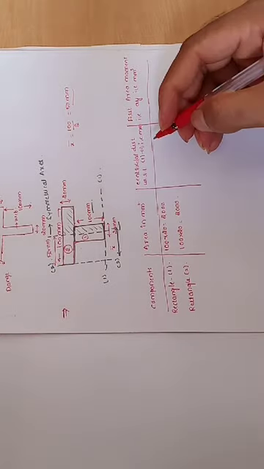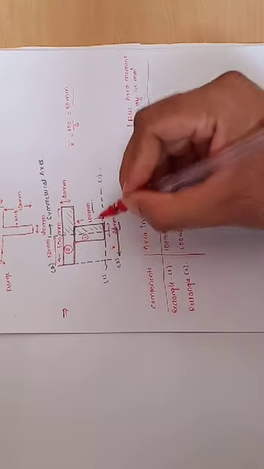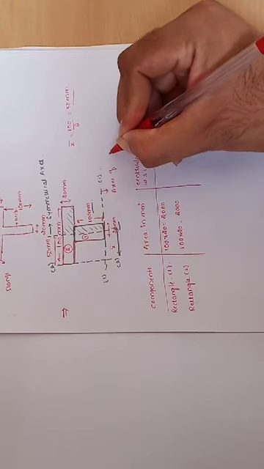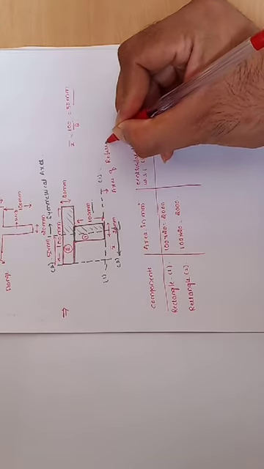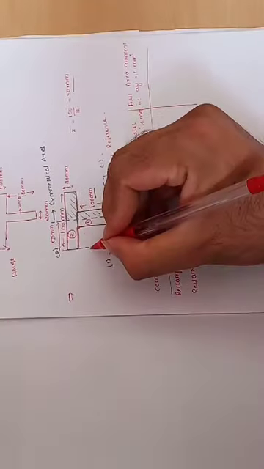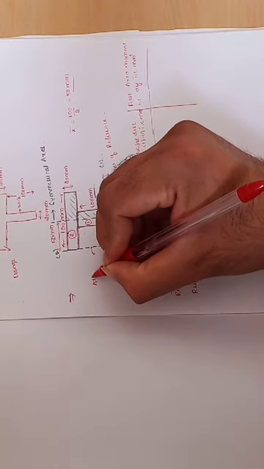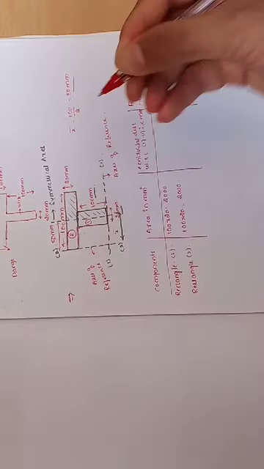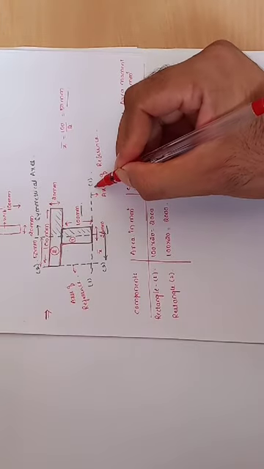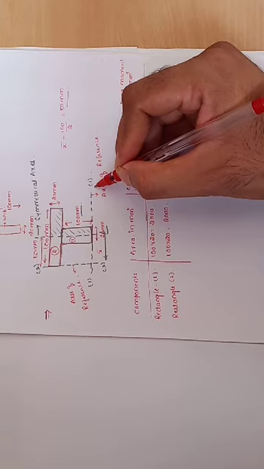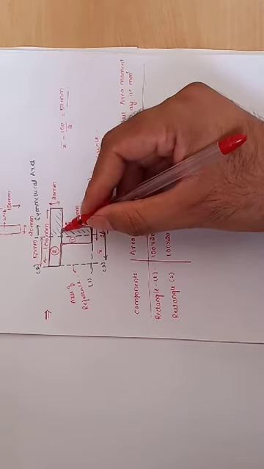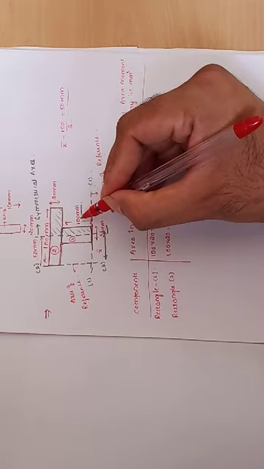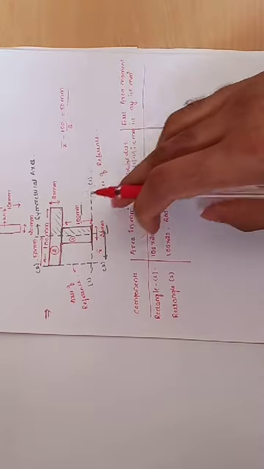Next will be the centroidal distance with reference. Now this one acts as my axis of reference on the horizontal side, and this one also acts as my axis of reference. So with respect to 1 1, what is the CG distance of this first rectangle? The axis of reference is here.